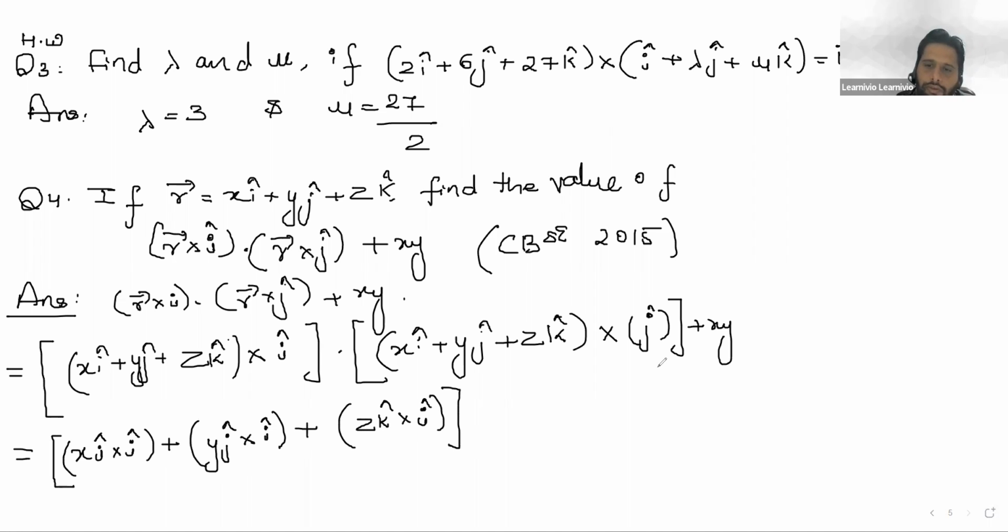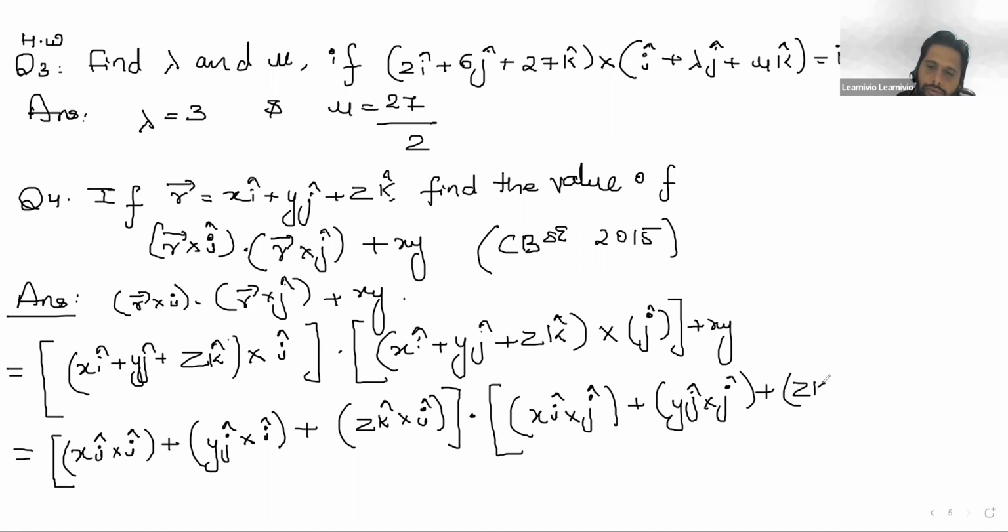Then dot product with x i cap cross j cap, plus y j cap cross j cap, plus z k cap cross j cap, plus xy.